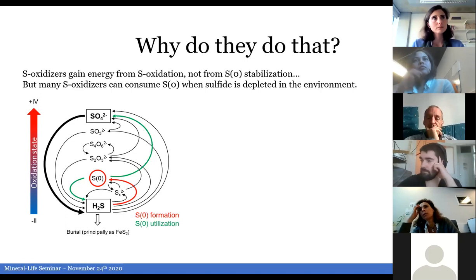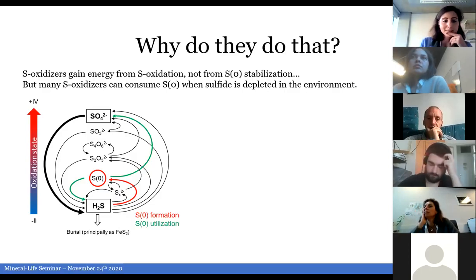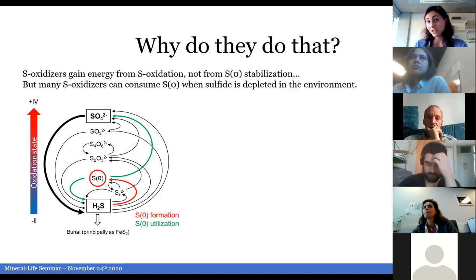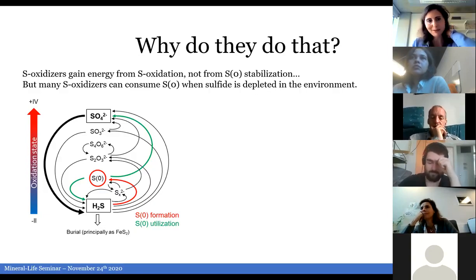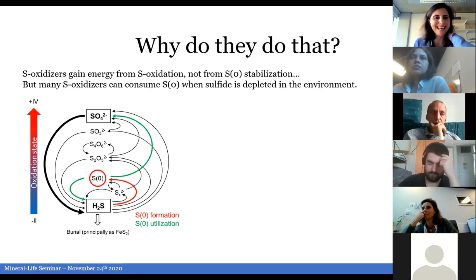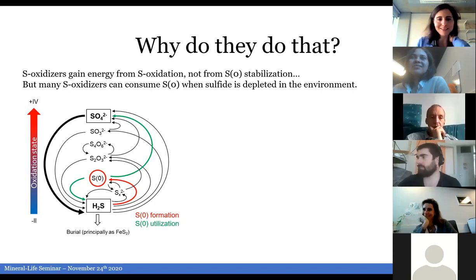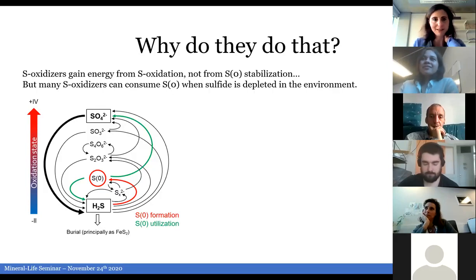Yeah, so that would be very good, to find a condition under which they oxidize sulfide but don't form elemental sulfur, because that would give us access to some part of the mechanism. But unfortunately, they always form elemental sulfur, at least under the conditions we tried.